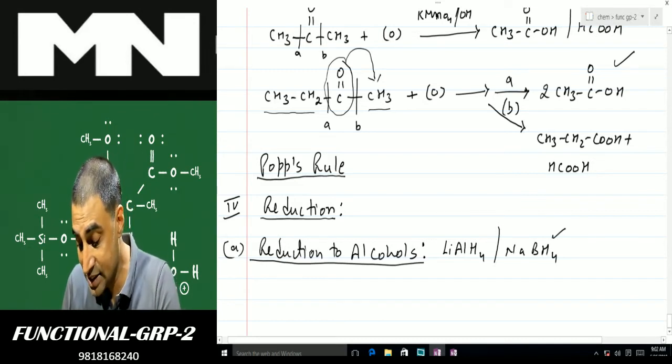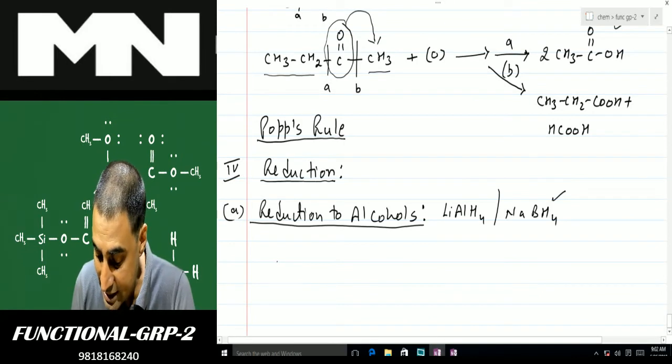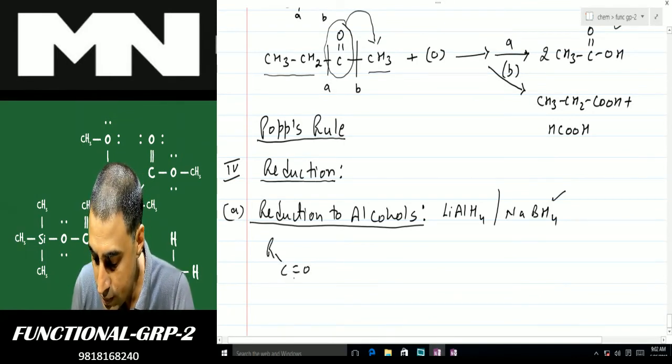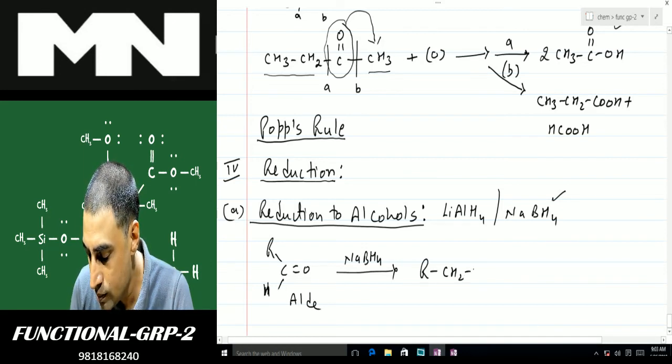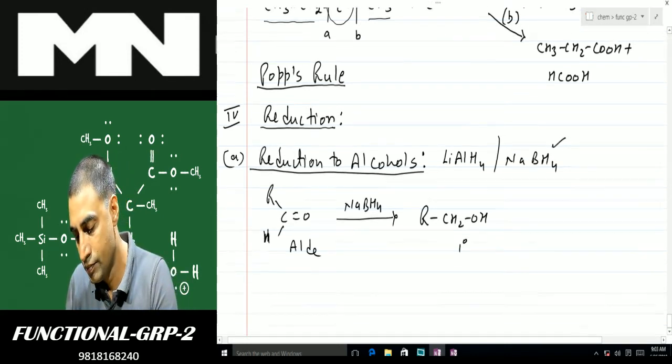Well, in this case, I will just tell you that an aldehyde on reduction with NaBH4 will give you an alcohol, and that alcohol is a primary, 1 degree alcohol.